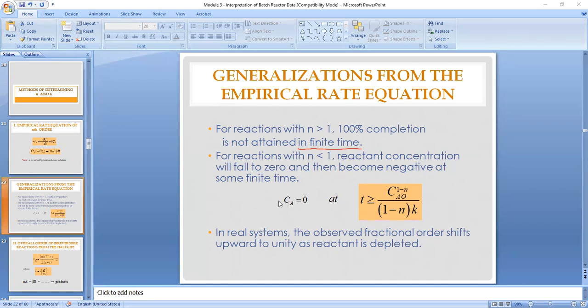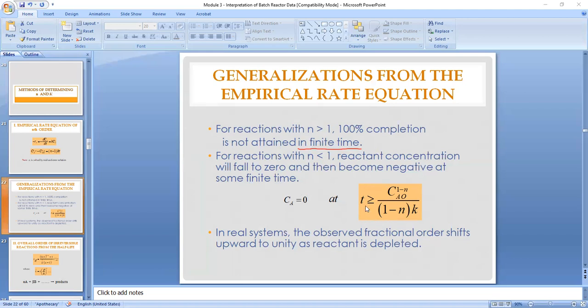If you solve for a negative concentration, don't answer that, because we don't have such a thing as a negative concentration. It means that at that particular time, all your reactant A has been fully consumed already.